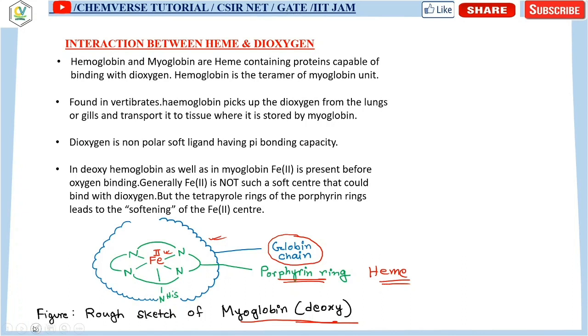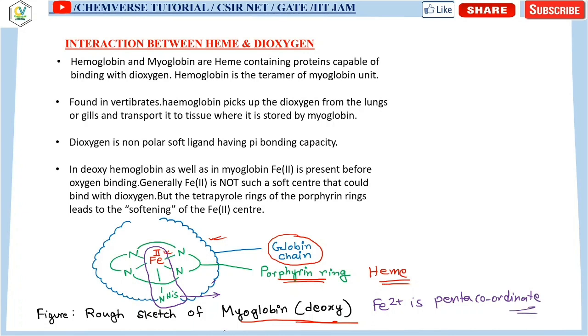Now one interesting feature is that the fifth coordination with the iron is a nitrogen atom of the histidine. Histidine is an amino acid and it is present in this globin chain. So it has a coordination bond between the nitrogen of histidine and the iron 2 center. Okay, so this is why in deoxymyoglobin, iron 2 plus is penta-coordinated.